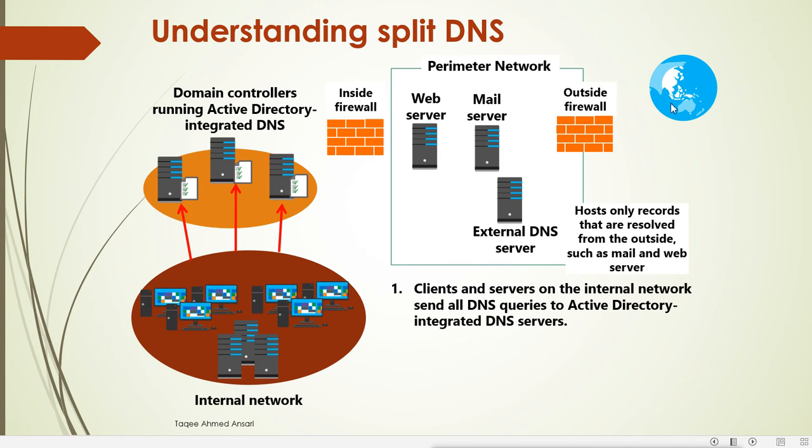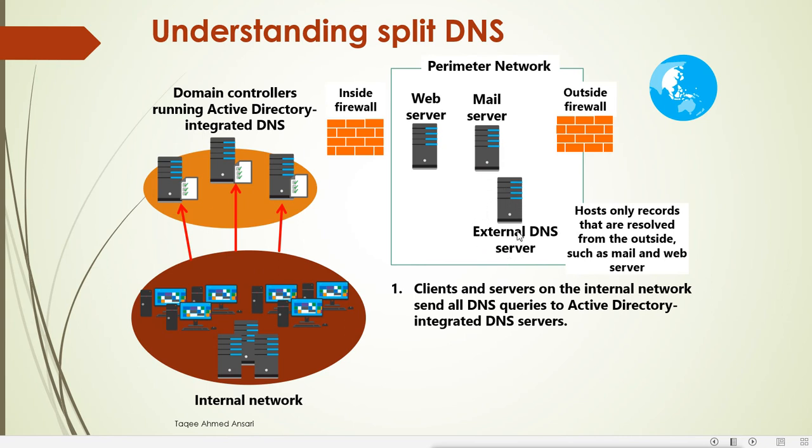So that DNS server IP will be our external DNS server, which is located under our perimeter network. That will not be the DNS server which is located inside our internal network. So we should have a separate DNS server for the inside network, and a separate DNS server for the outside external network.